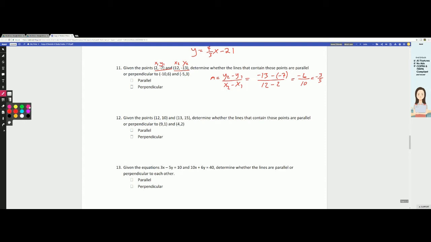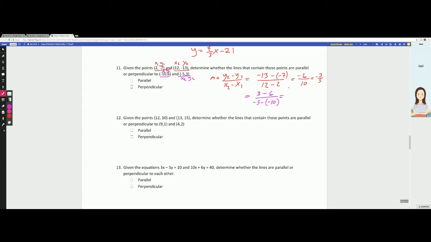Okay, let's try the other guy. So let me pick a nice color, purple. There we go. This guy and this guy. Okay, this is my first x, my first y, my second x, my second y. So my second y was 3 minus my first y, which is 6, and then my second x, which is -5, minus my first x, which is -10.